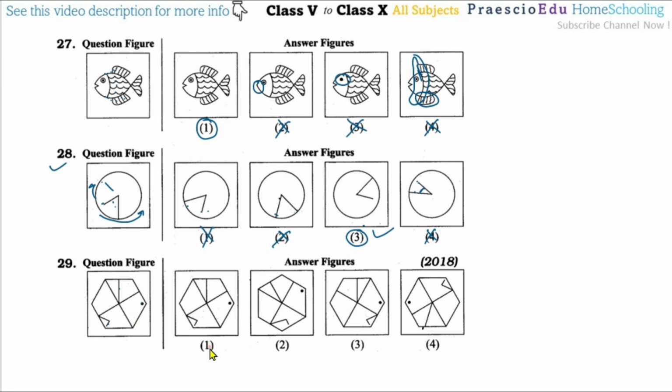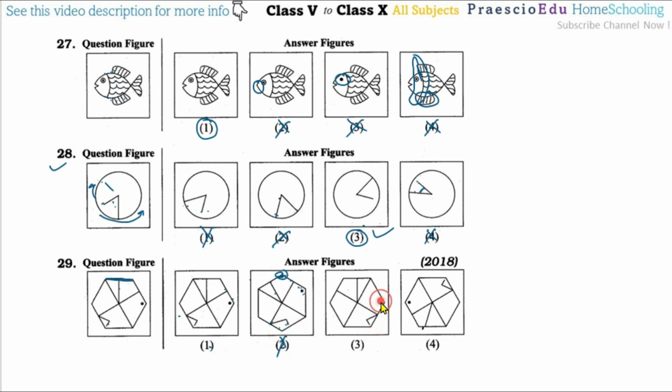Then question number 29. If you consider this dot, this line and this tick check mark, you will find option number 1 is perfectly matching. But in this arrow, check mark and this solid, this is a line at the center, here also the center, but this is somewhat tilting. Here the vertices are at the top, the horizontal line, and this corner is somewhat different, very near to this one.